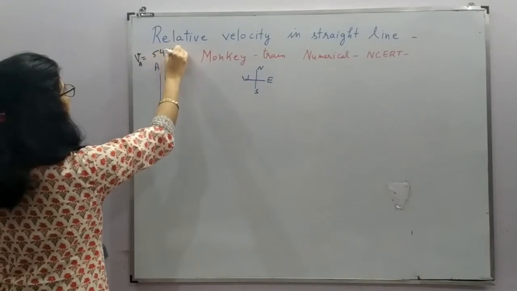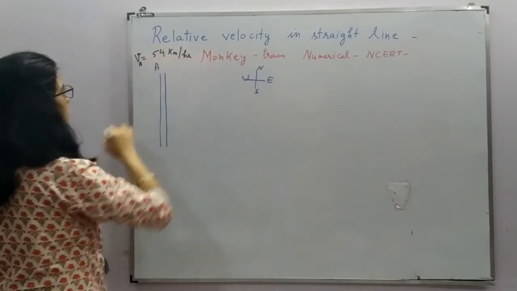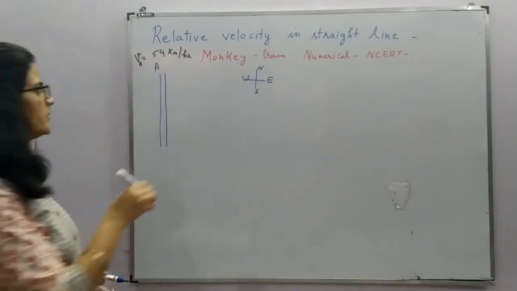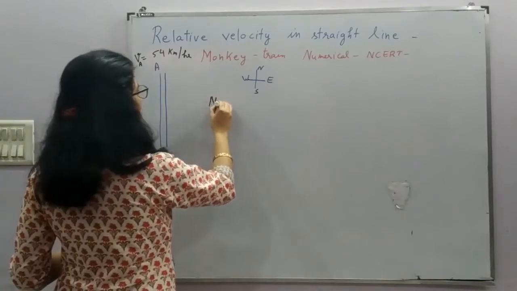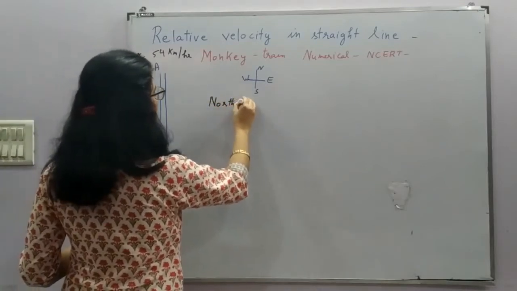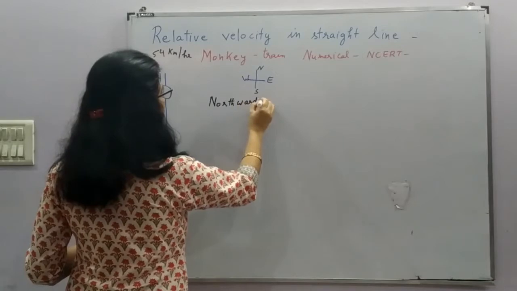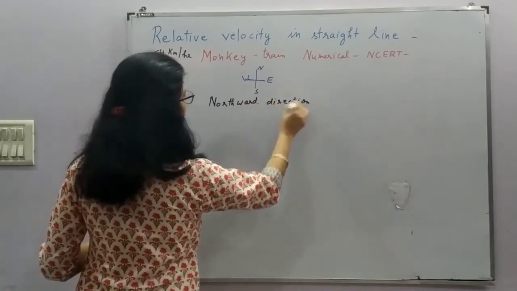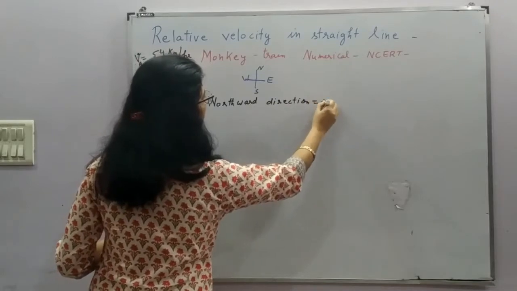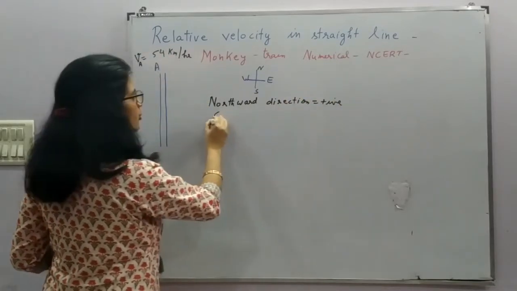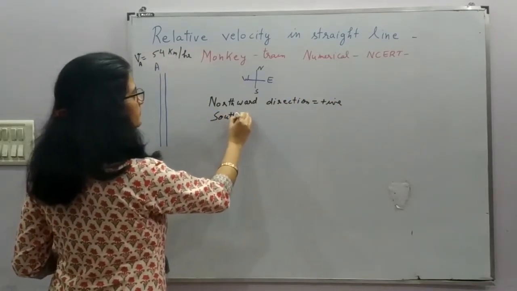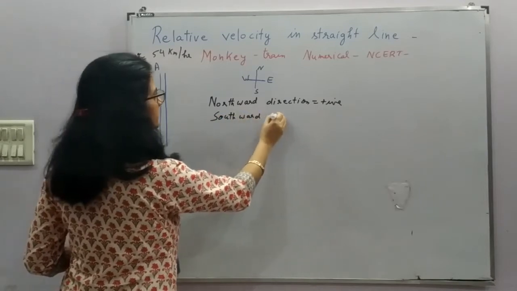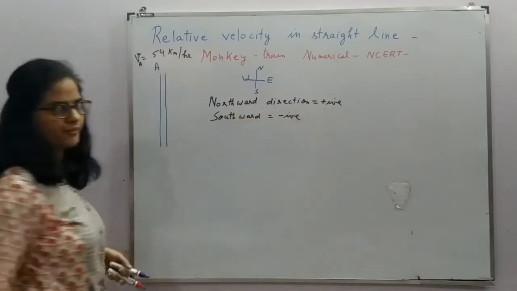54 km per hour. Now we are considering here the northward direction as positive and southward direction as negative, right?